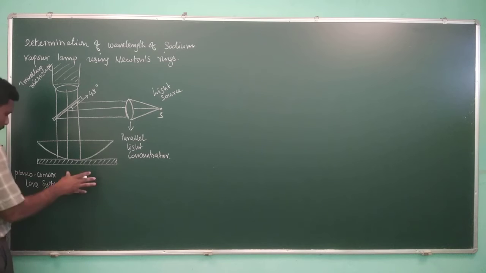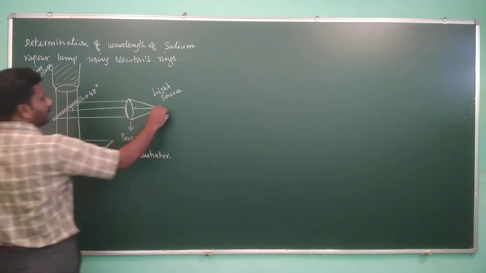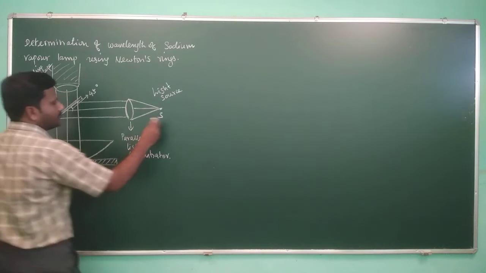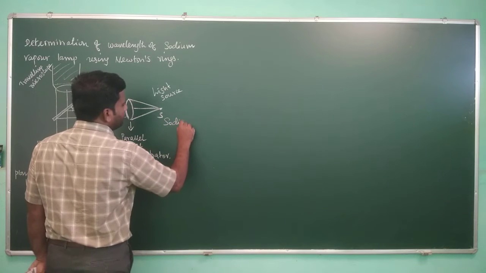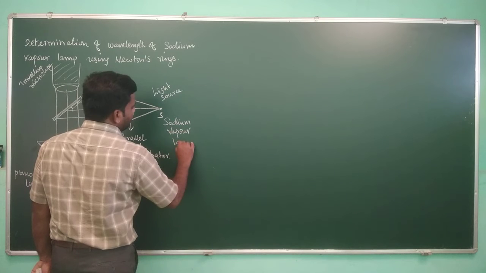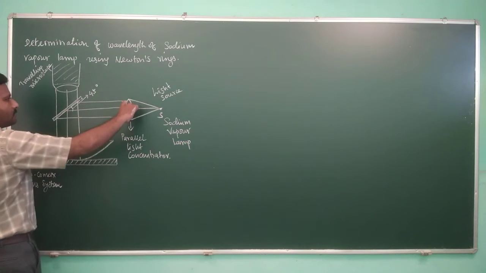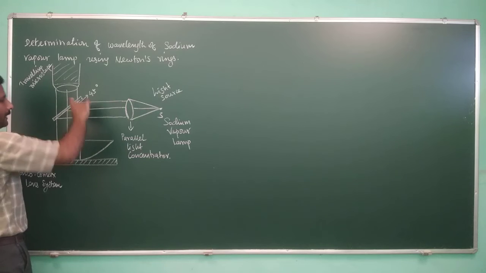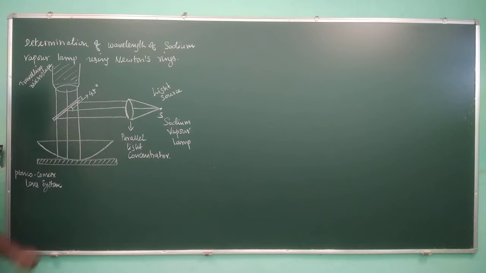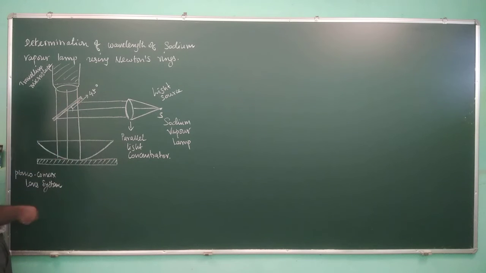Here, this is the plano-convex lens system. Now, light is coming from a light source. This light is nothing but the sodium vapor lamp, whose wavelength is going to be calculated using this method. Now, this incoming light ray is converted into plane parallel light using this parallel light concentrator, and this light is allowed to get reflected at a mirror.